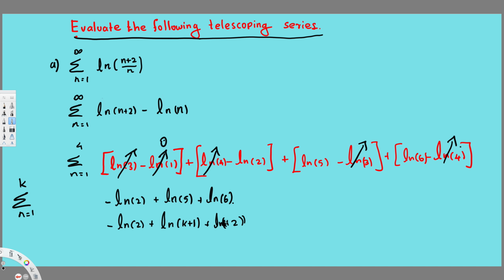Now all we have to do is take the limit. That's going to tell us whether it is diverging or converging. If it's converging, we have to find the convergent value. So the limit as k approaches infinity of negative ln 2 plus ln(k+1) plus ln(k+2).